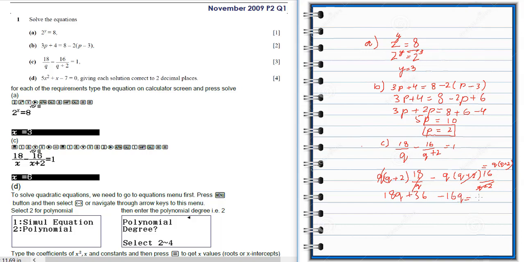So on the right, q times q is q squared, and q times 2 is 2q. On the left, 18q plus 36 minus 16q. So 18 minus 16 can be simplified as 2q.